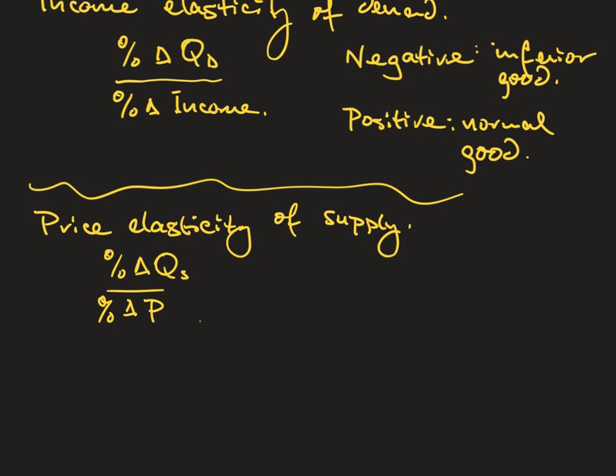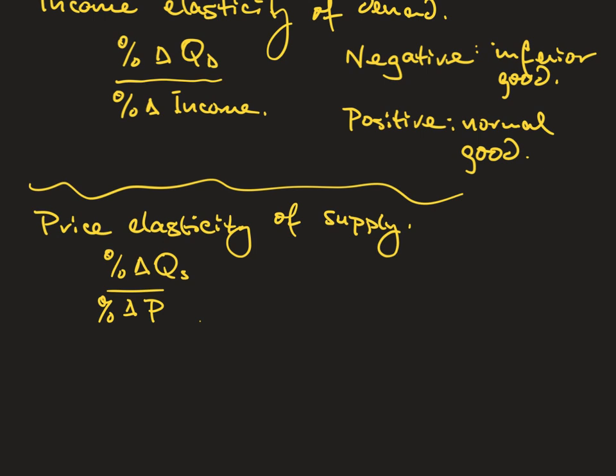How much the quantity they sell goes up when the price increases. So if I'm manufacturing widgets at my factory, and because of current economic conditions, the price of widgets has gone up, how much do I increase my production?